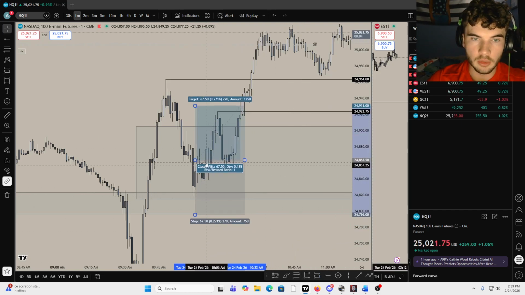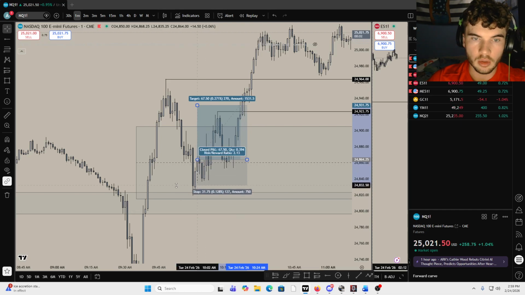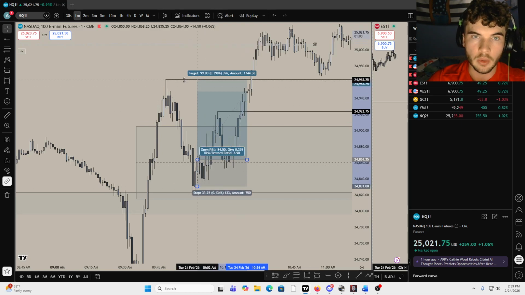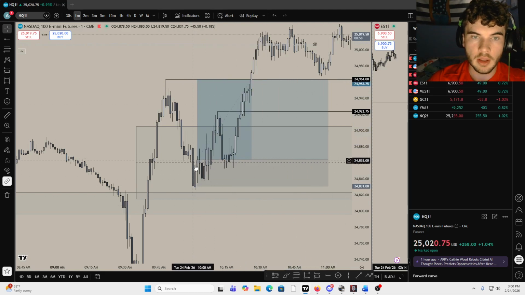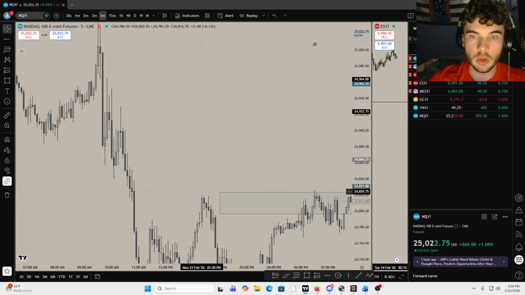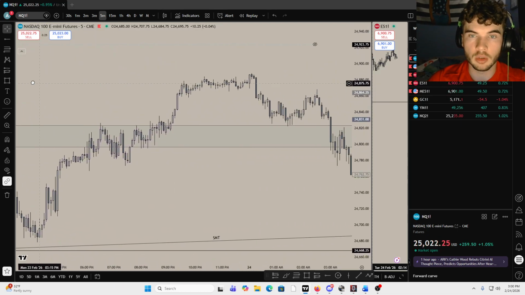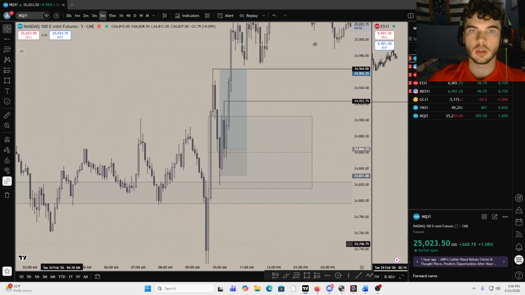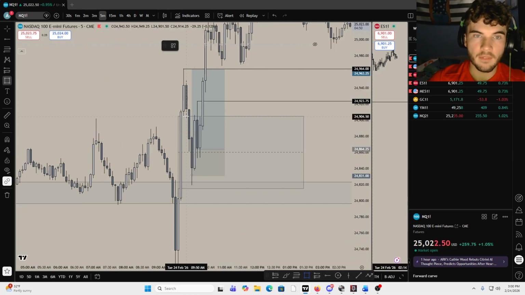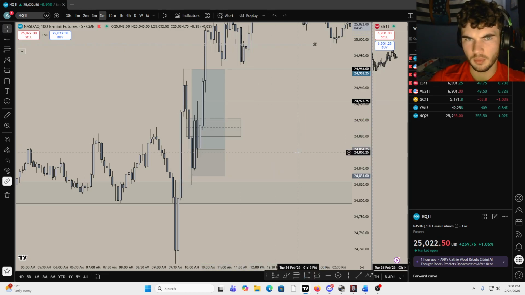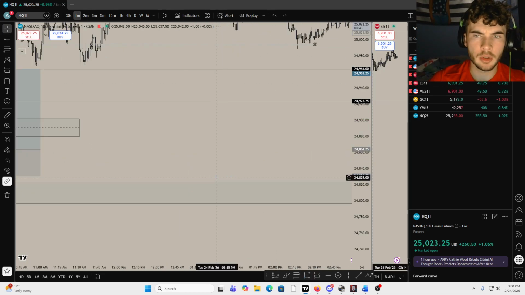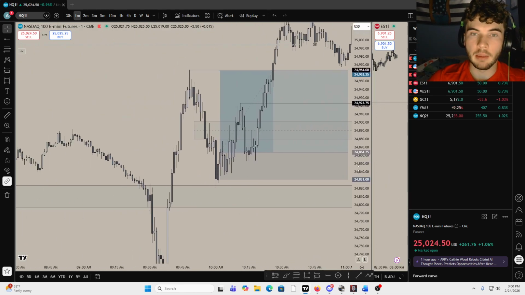My first one is right here. We are targeting up there, and if we go to the 5-minute chart, there is a 5-minute gap in here. I'm gonna get rid of this because that looks like a throw up on the screen, and that is a 5-minute gap there.